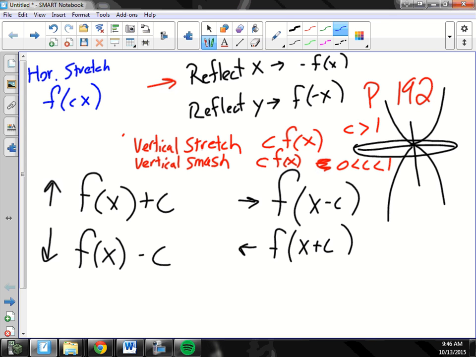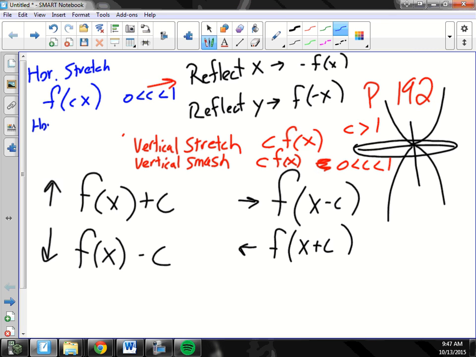And you need to remember that everything dealing with the x's works in the exact opposite way of everything dealing with the y's. So a vertical stretch is done by multiplying by a c greater than 1. So a horizontal stretch would be done by multiplying by a c between 0 and 1. So a horizontal stretch would be 0 less than c less than 1.